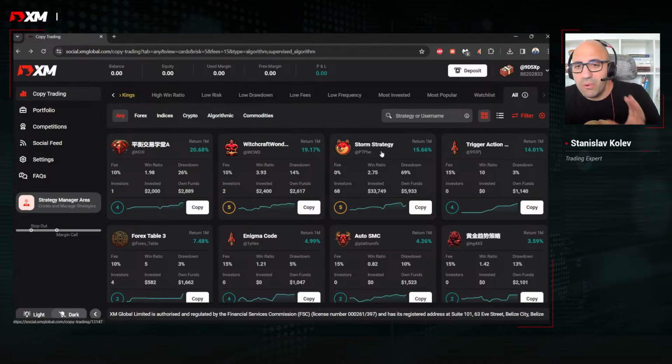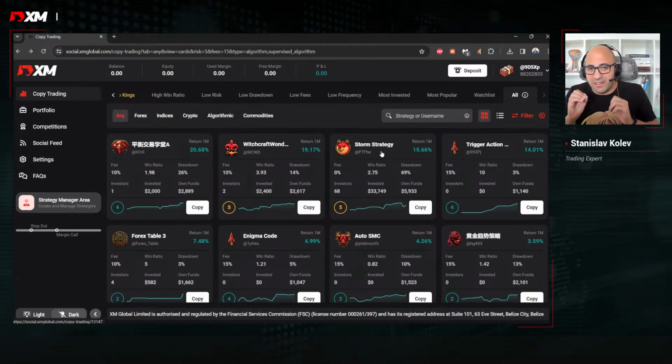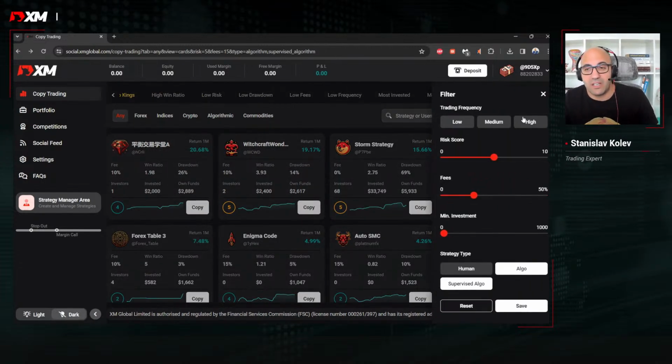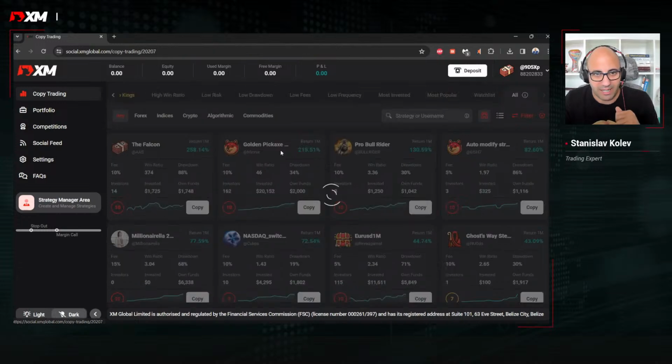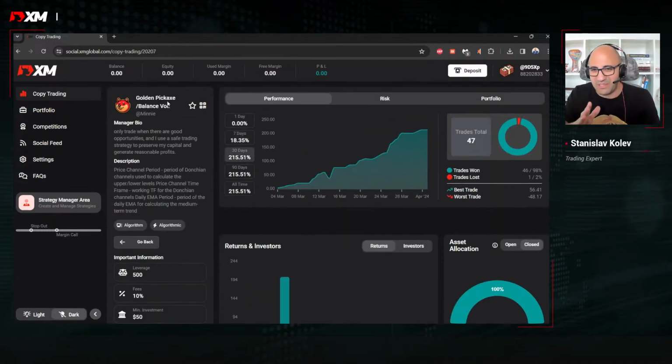And currently, we made just a very tiny little bit of filter. We filtered for very low risk with very low fees. Now, this being said, if you're having a bigger risk appetite, you could increase the risk score up until 10. And if you click on save, you will be able to see completely different people. Let's select this one, Golden Pack X. There is an expert advisor code this way.